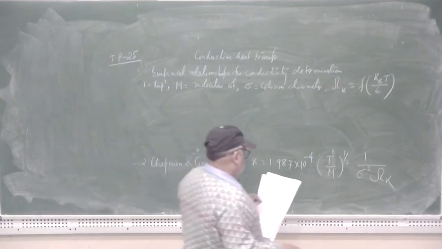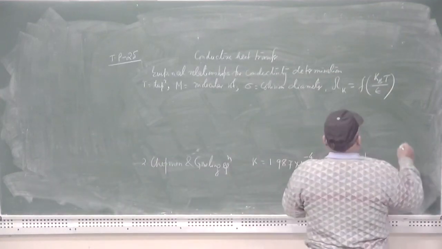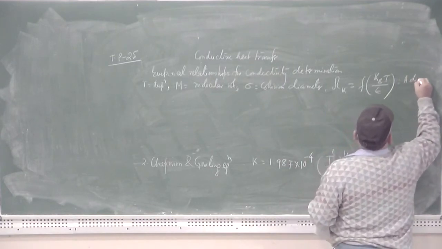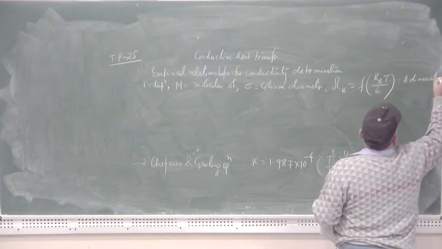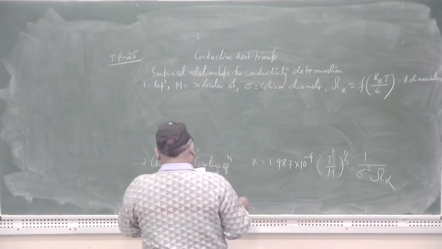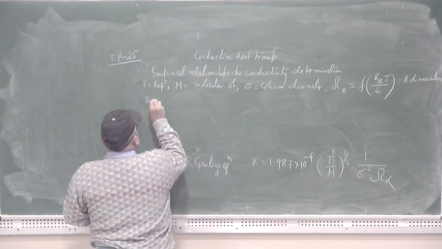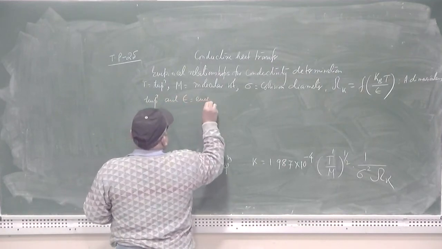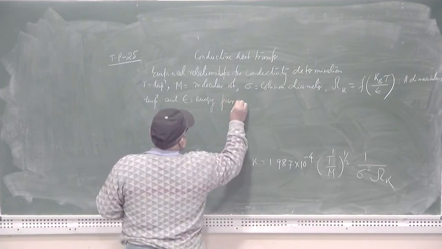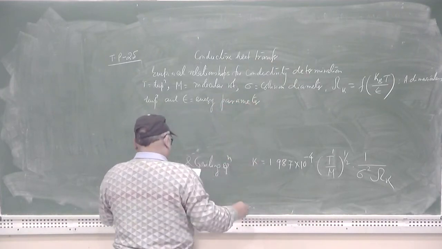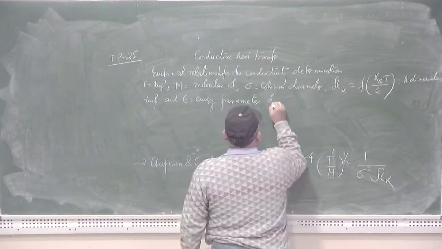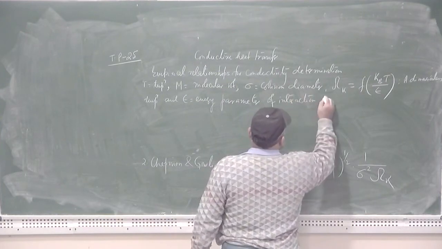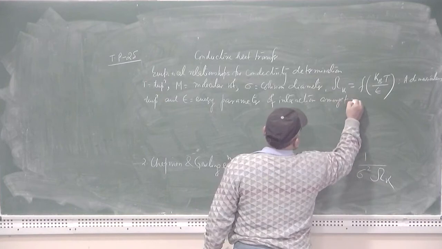So this is a dimensionless temperature, and epsilon is the energy parameter of interaction amongst molecules.